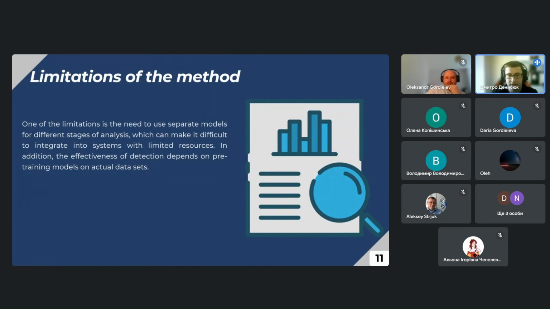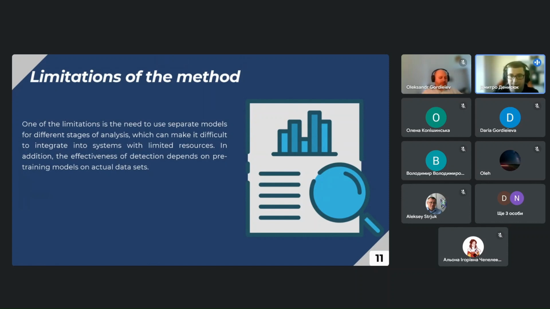However, despite the success, the system has limitations. One is that several models need to be used to analyze images and system events, which can increase the need for computing resources.